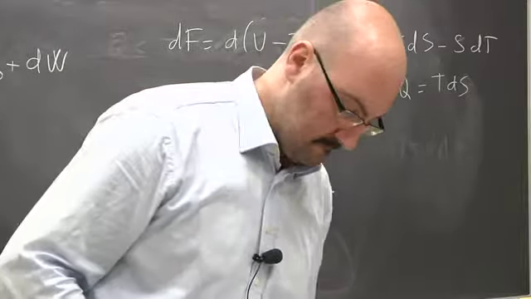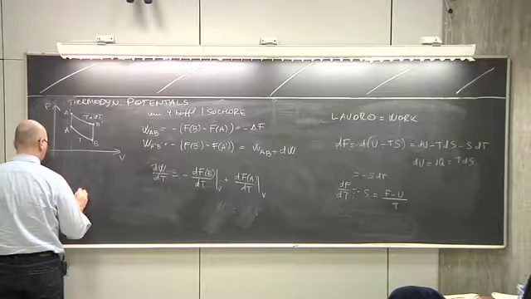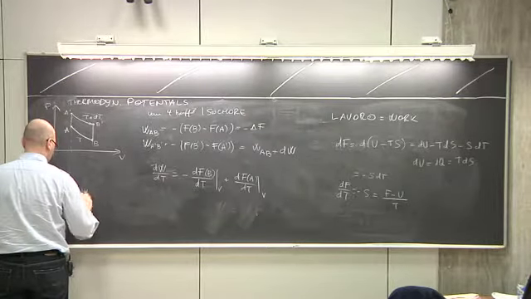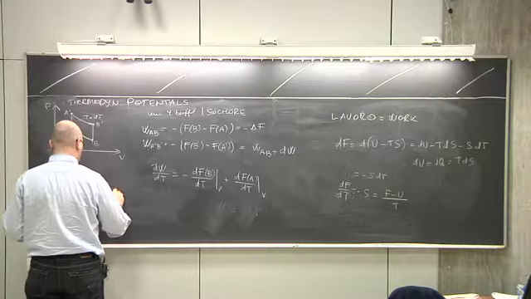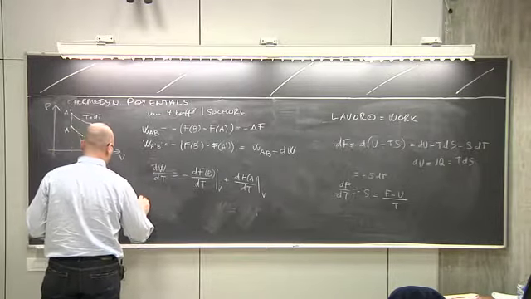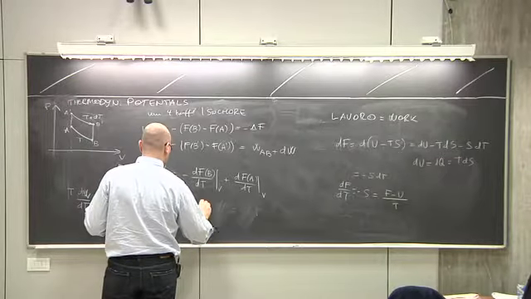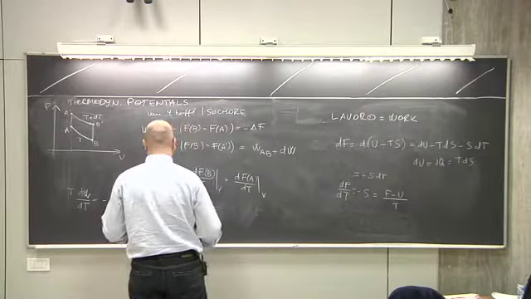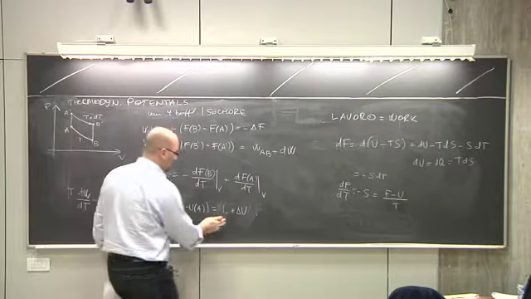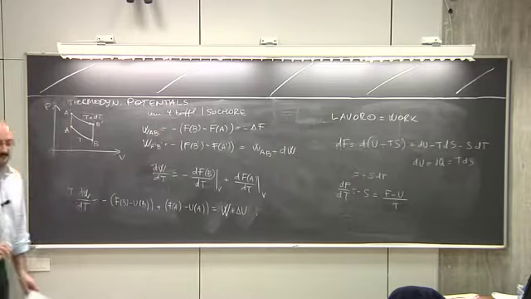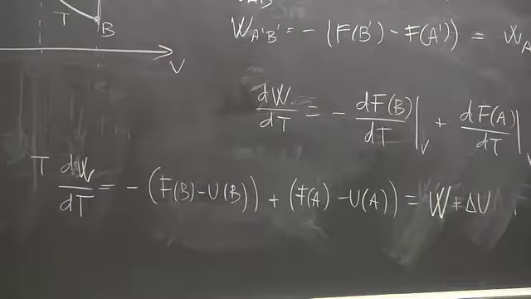So T dW by dT is equal to minus F of B minus U of B plus F of A minus U of A, which is, let me write it like this, W plus delta U. And therefore, we get this equation.